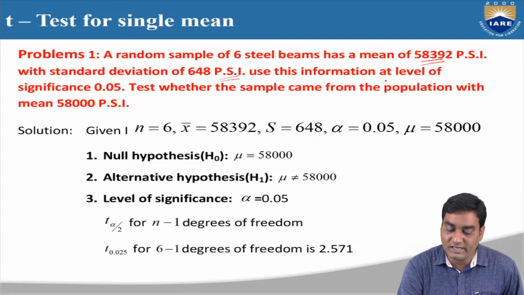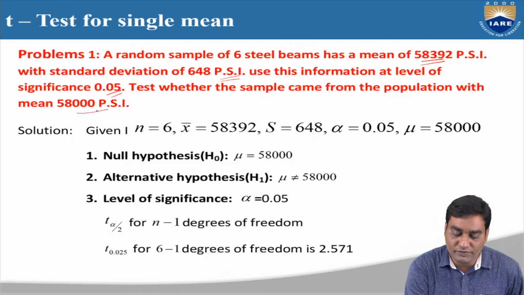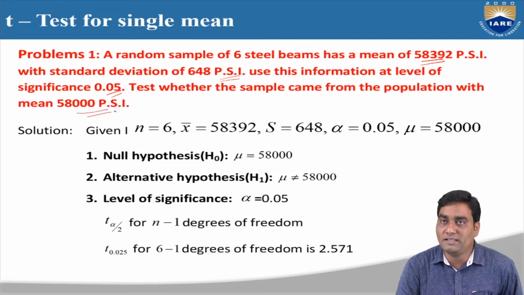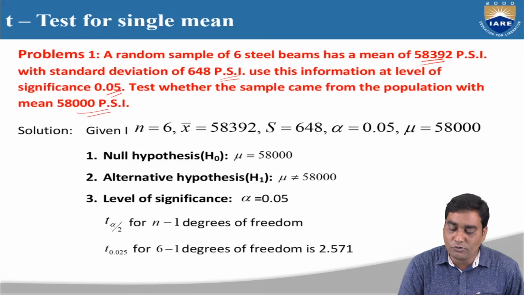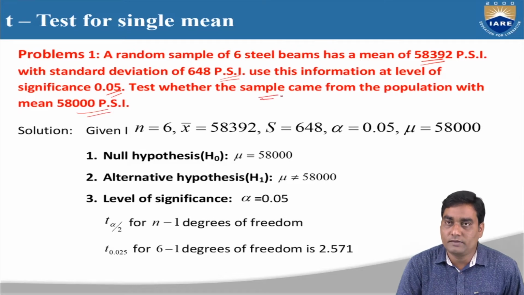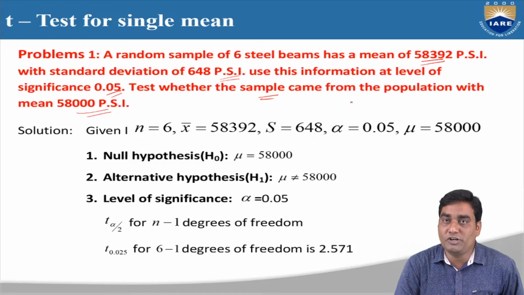Use this information at the level of significance, alpha value is given. Test whether the sample came from the population with mean 58,000 psi. That means we are going to test whether the sample came from the population or not.